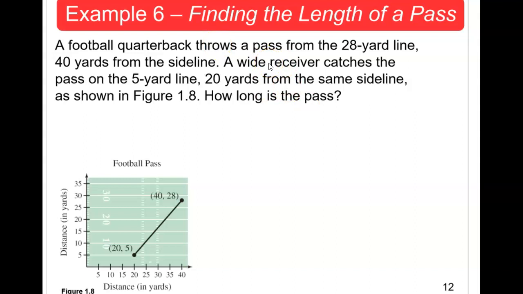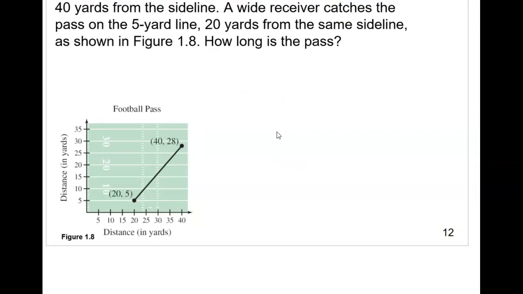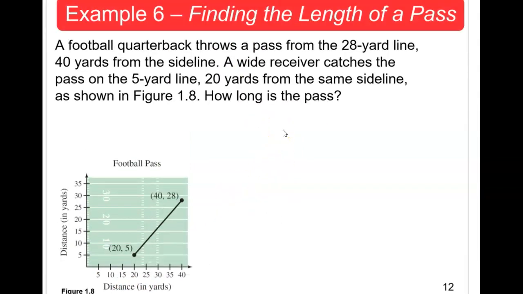So here we're going to consider the horizontal distance and the vertical distance, and we have that the football quarterback throws a pass from the 28-yard line, and that will be here, and that will be actually the vertical distance, in case you don't know football.